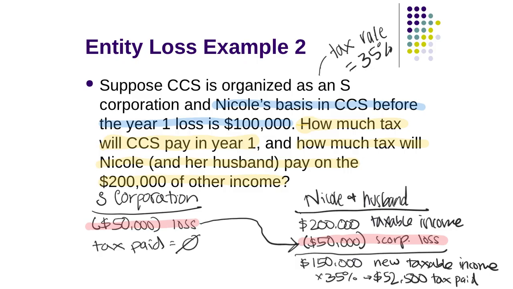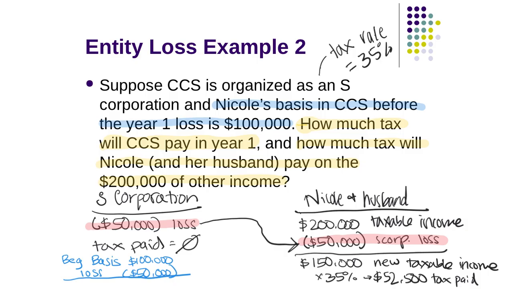We know her beginning basis was $100,000. Then we have the loss of $50,000.